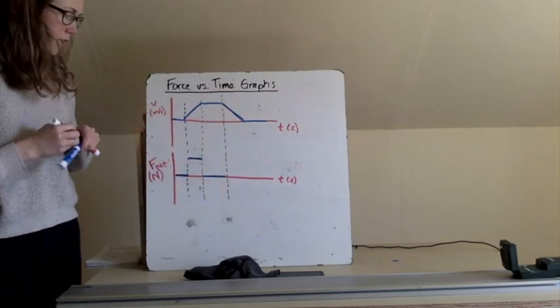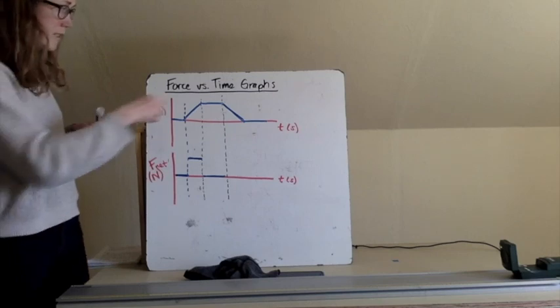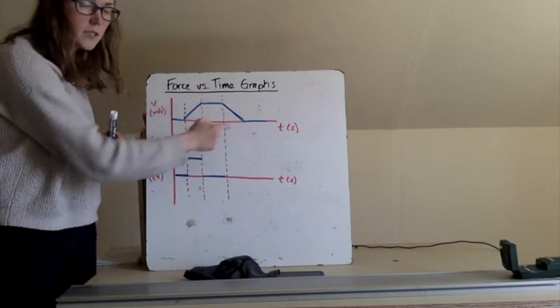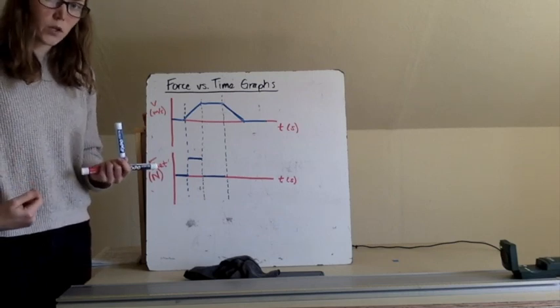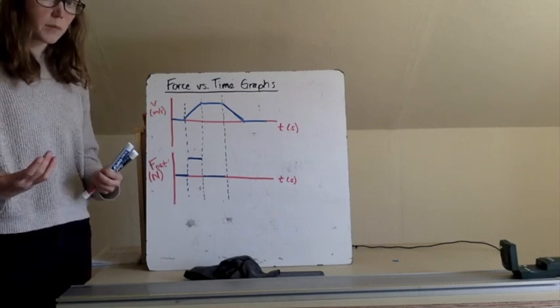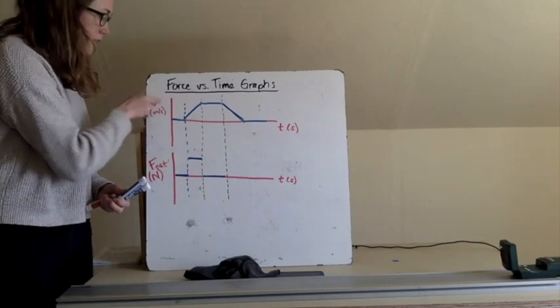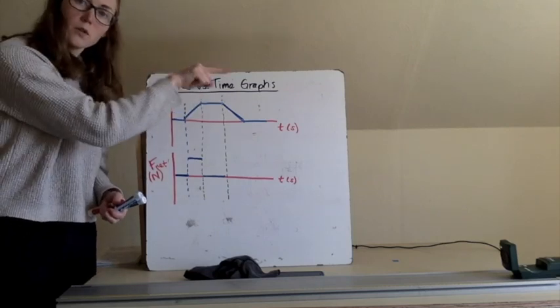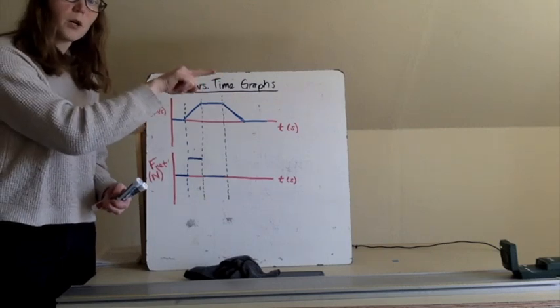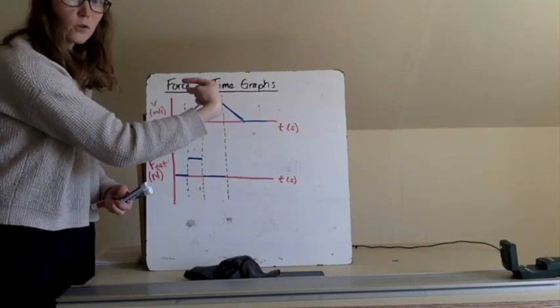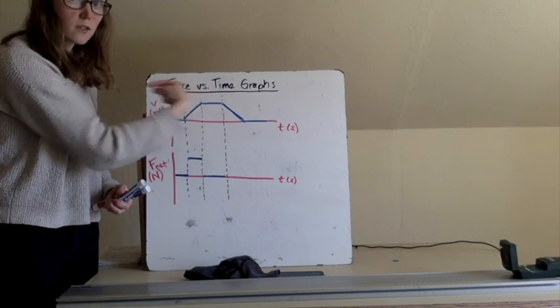All right, last part here is that we see that the object slows down. If it's slowing down, then it has to have an opposing force. Now, we have to talk about direction again. Since it's a positive velocity, it was still moving to the right here, let's say the positive direction. If I'm going to have an opposing force, that means that the force is pointing this direction back towards me.